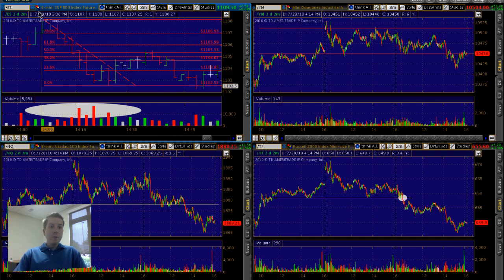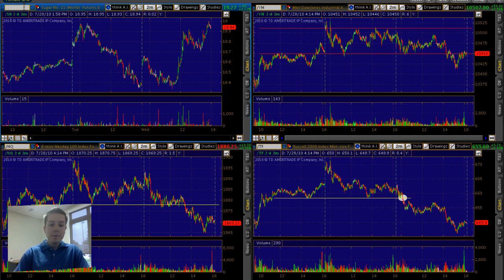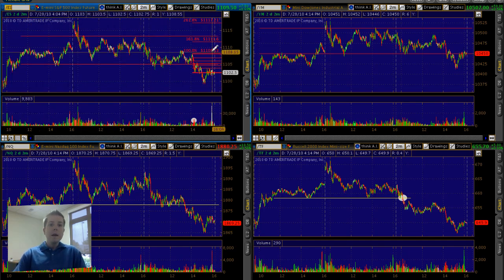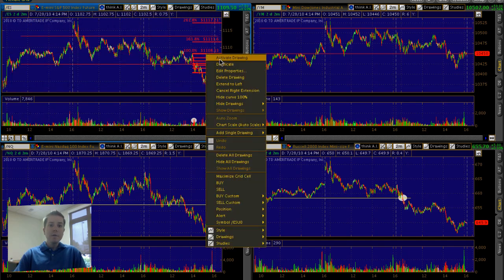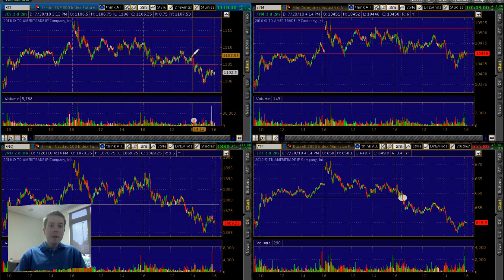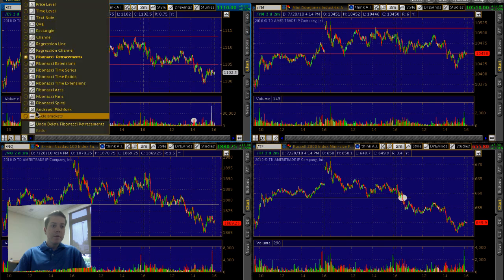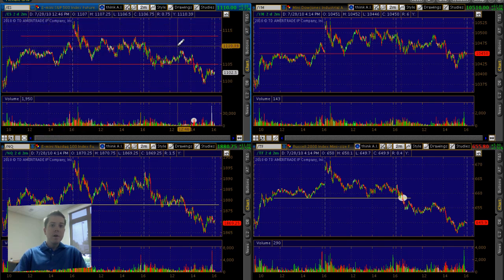So the way I established that target of 110.50 was again by utilizing the futures. And if we take it back to this image here, I was looking at this from a perspective of the initial resistance being right around 1110, and then this 1105 support, giving you a height of about 5 points.